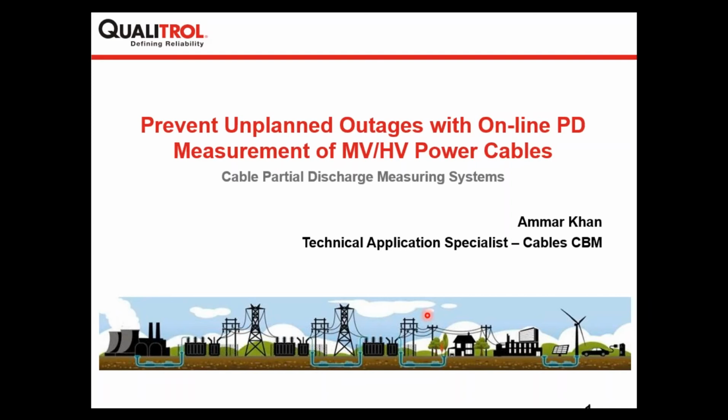But one thing we need to note here is that when water trees are dried out and start giving partial discharges, they will be transformed into electrical trees very rapidly. And as soon as you have electrical trees in the cable insulation, it will lead to failure or breakdown of the cable insulation very rapidly.